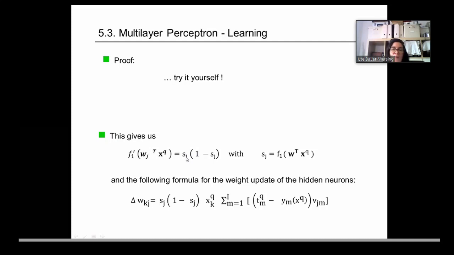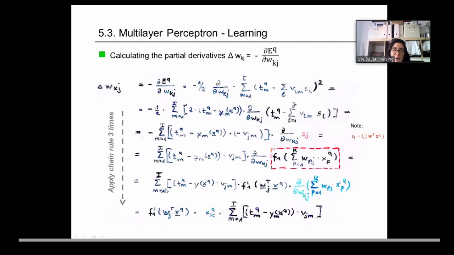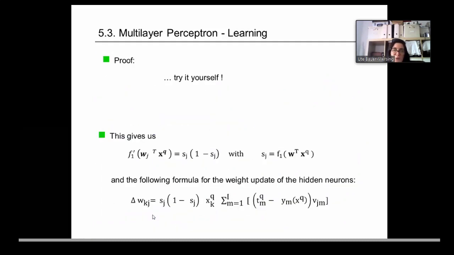So the output of the j-th hidden neuron times 1 minus the output of the j-th neuron. And this is what we are actually already calculating in our network. So we can update the formula that we derived here by substituting what we found out about how we can calculate the derivative of the sigmoid transfer function.